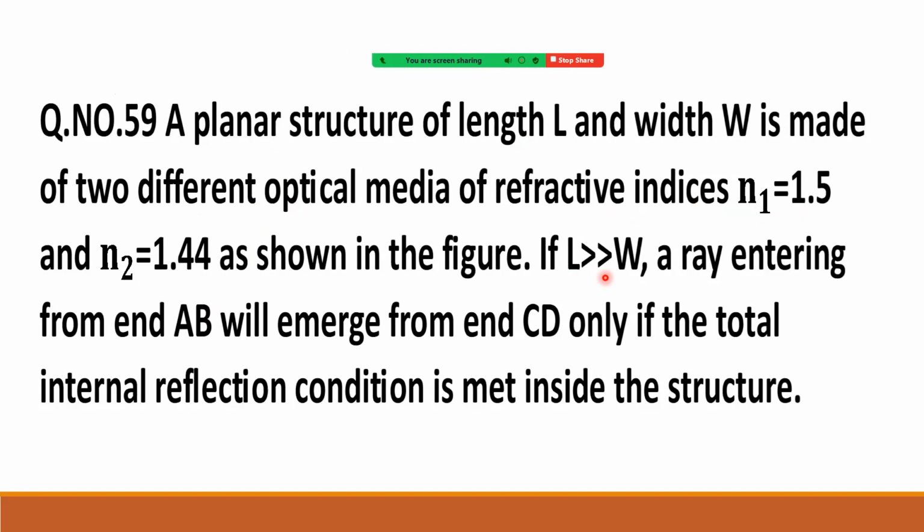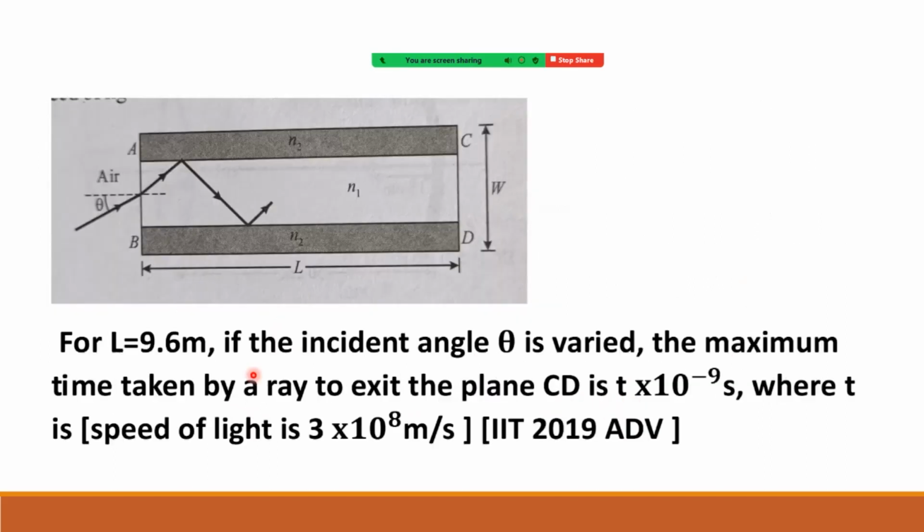If L is very large compared to W, a ray entering from end B will emerge from end C only if total internal reflection condition is met inside the structure. For L equal to 9.6 meter, if the incident angle theta is varied, the maximum time taken by a ray to exit the plane CD is.